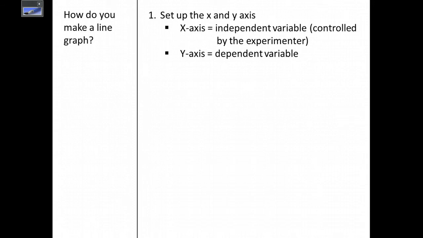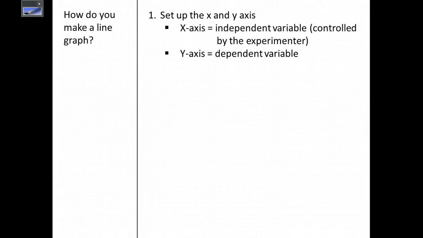The x-axis of a graph is the independent variable. This is the variable controlled by the experimenter. What can the scientist control? Well, a scientist can't control time, but a scientist can control how much time passes between when he or she takes data.